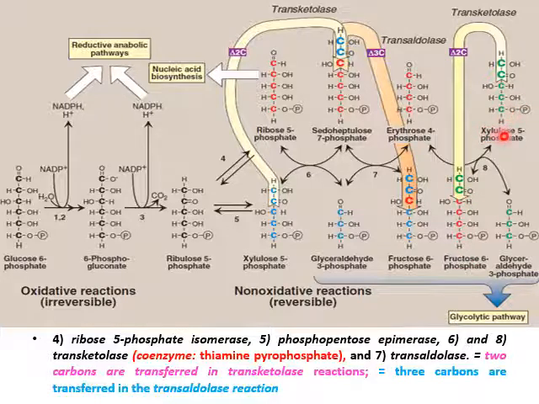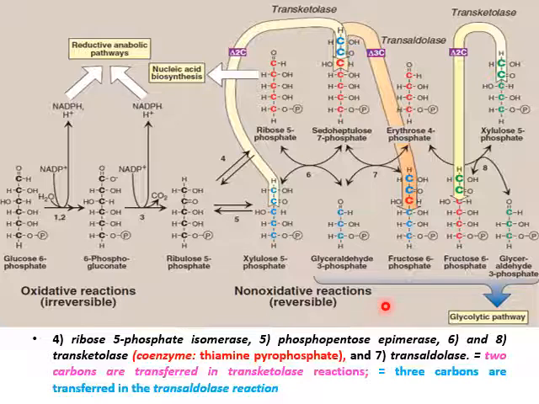Now when xylulose 5-phosphate has transferred its 2 carbons, then it is left with 3 carbons, and the 3-carbon structure is now acting as glyceraldehyde 3-phosphate. So the condensation of xylulose 5-phosphate with erythrose 4-phosphate can generate fructose 6-phosphate and glyceraldehyde 3-phosphate. And this reaction is also catalyzed by the transketolase enzyme that uses vitamin B1 as a coenzyme.